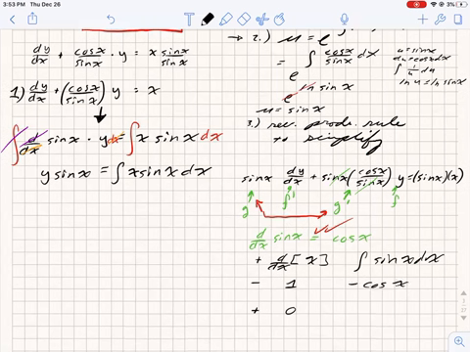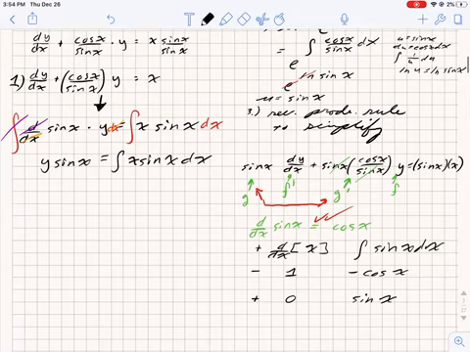The integral of sine x is negative cosine x, and taking the integral again will be negative sine x, so this will be positive sine x.